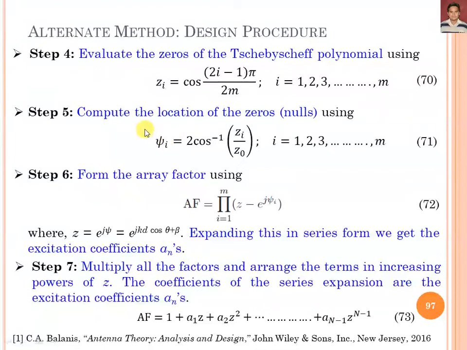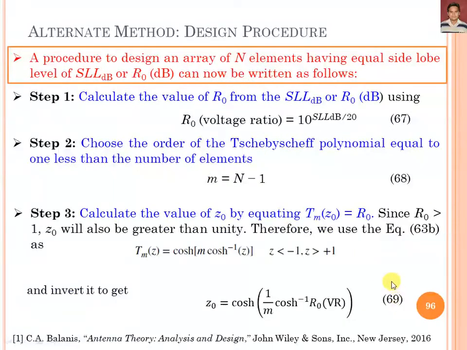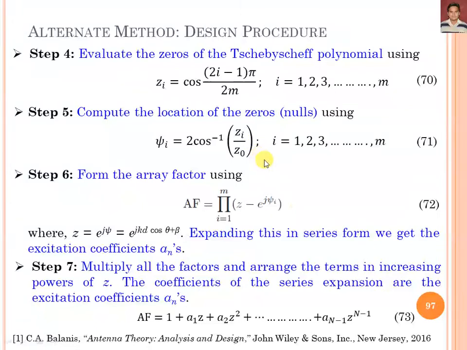We can calculate it by using this psi of i function, which is equal to 2 times cos inverse of zi upon Z0. So we put the value of zi from equation 70 and Z0 from equation 69, for the different values of i equal to 1, 2, 3 up to m, and then we calculate the location of zeros, or the location of the nulls, by using psi of i.